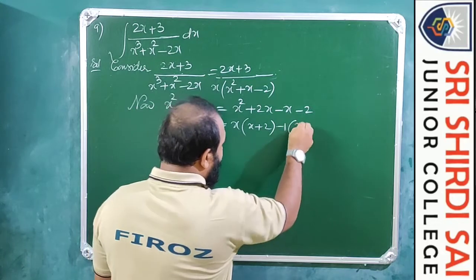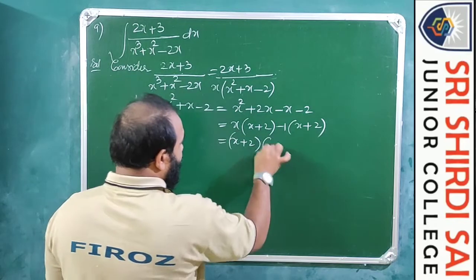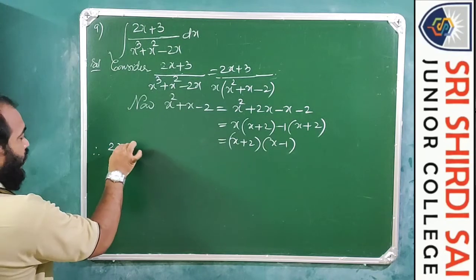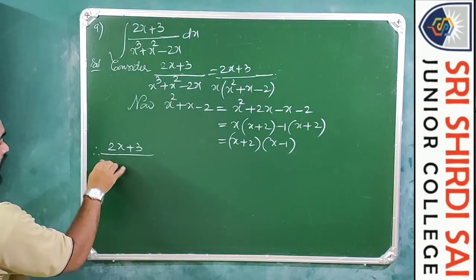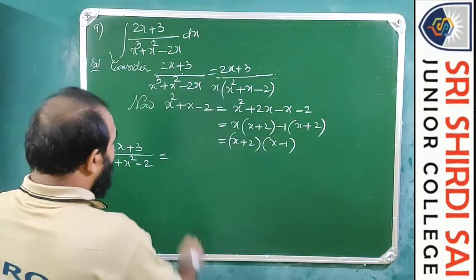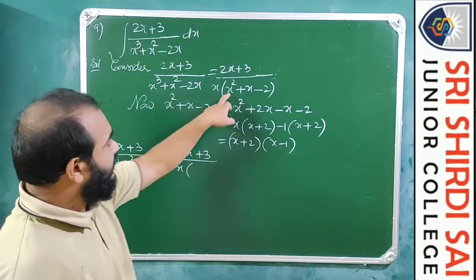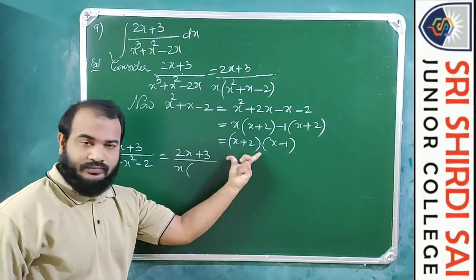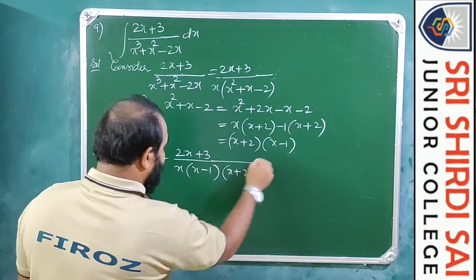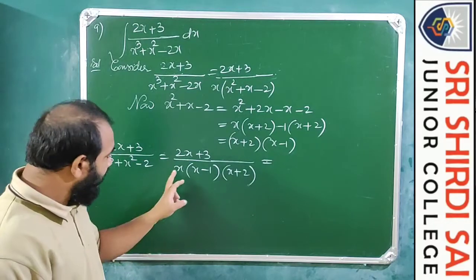Take minus 1 common, then x plus 2. If you take x plus 2 common, then this is x minus 1. Therefore, (2x plus 3) by (x cube plus x square minus 2x) is equal to (2x plus 3) by x into (x minus 1) into (x plus 2).